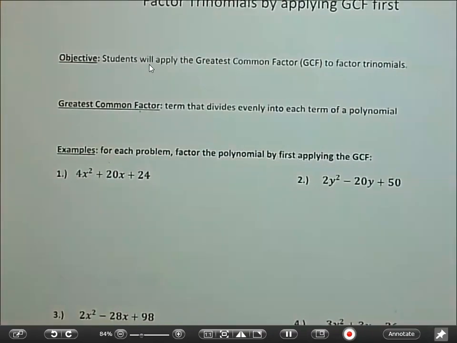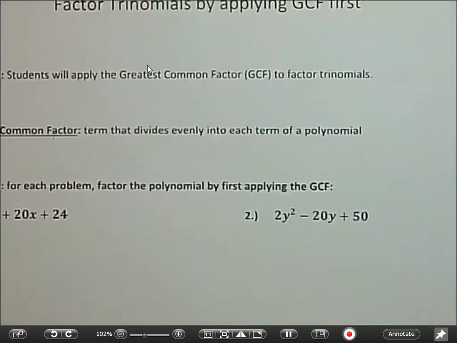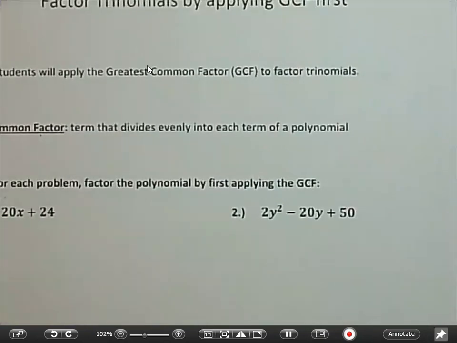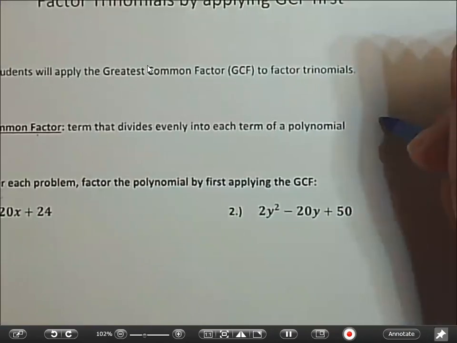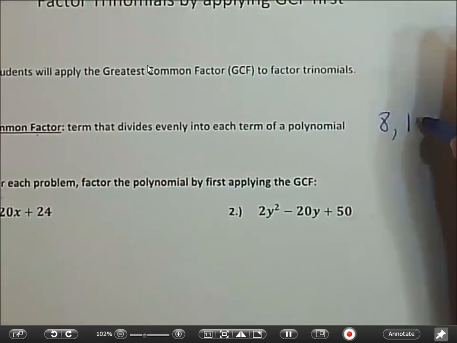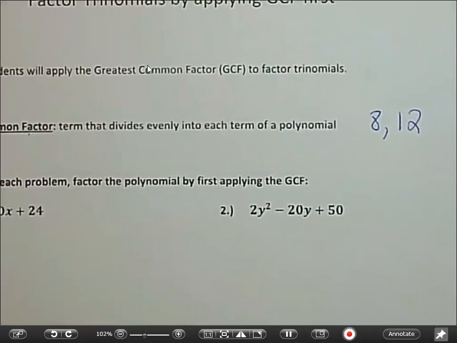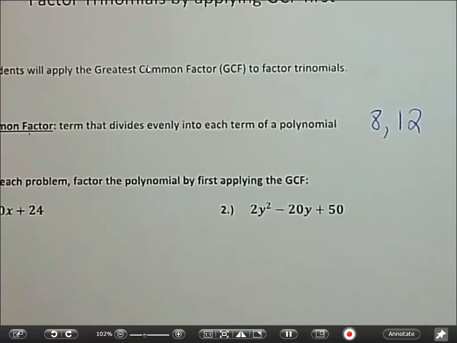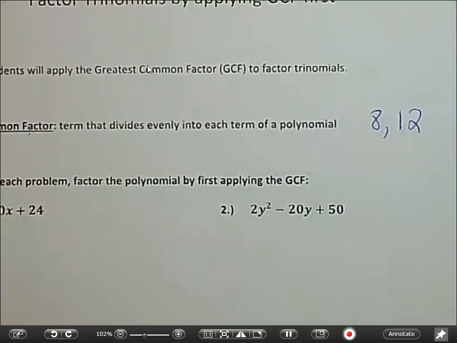Okay, so we want to refresh that concept of greatest common factor. Let me just give you a quick example. Let's say I had the numbers 8 and 12, and somebody asked you to name the greatest common factor of 8 and 12. That means it's the largest number that will divide into 8 without a remainder and divide into 12 without a remainder.